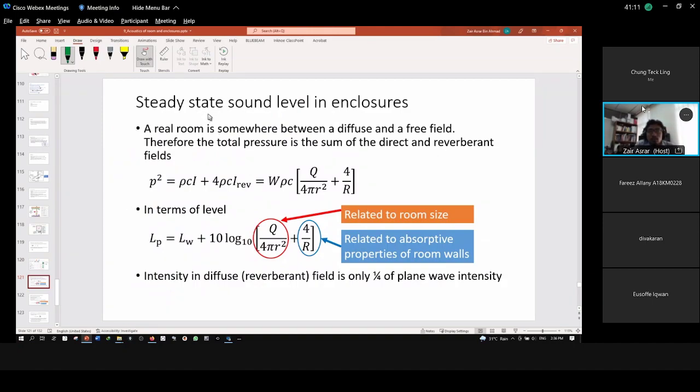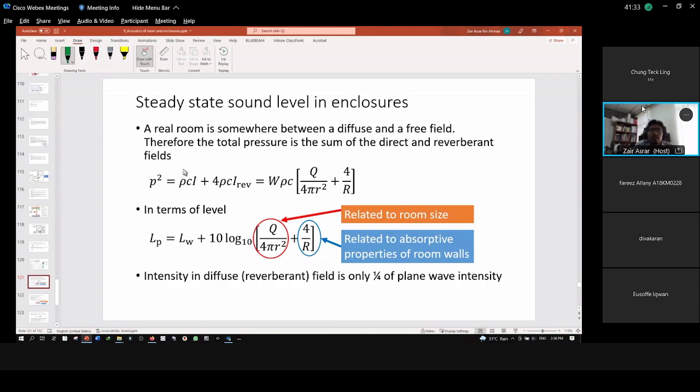In an enclosure, basically a room can be thought of as an enclosure as well. If we say enclosure, that means the volume is much smaller compared to a room.